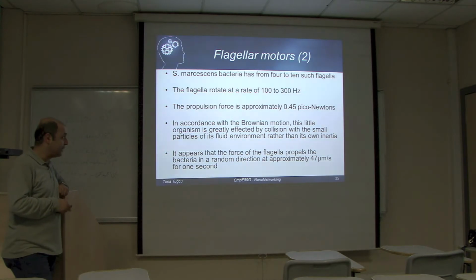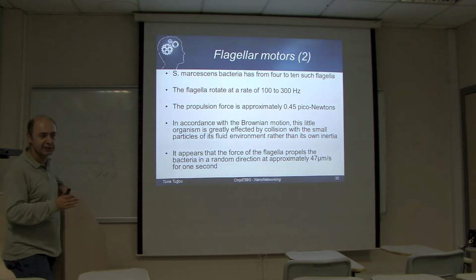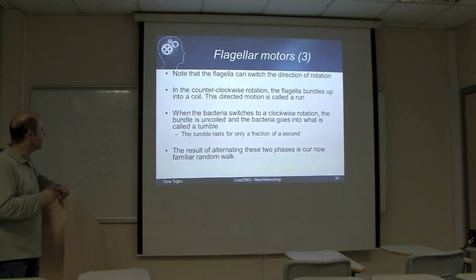It appears that the force of the flagella propels the bacteria in a random direction at approximately 47 micrometers per second for 1 second. That would be the speed, and it runs with the speed for almost a second. Then it stops and changes direction. That's what we're going to see.